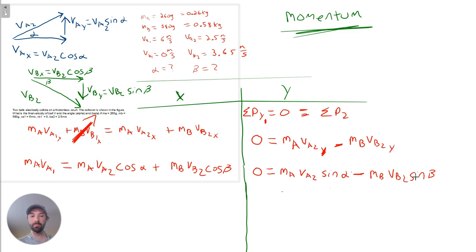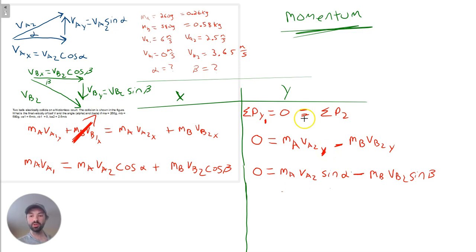I'm going to call it a trick, but A has a y velocity that points up, and B has a y velocity that points down. So it's really, really important that you take that into account and you put that minus sign here. You can put the minus sign on VB if you want, but it's really important that you recognize those momentums are in opposite direction when you go to solve this.